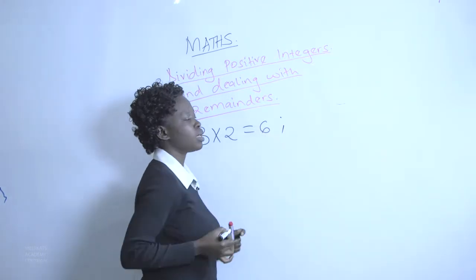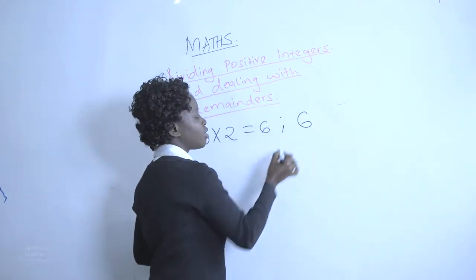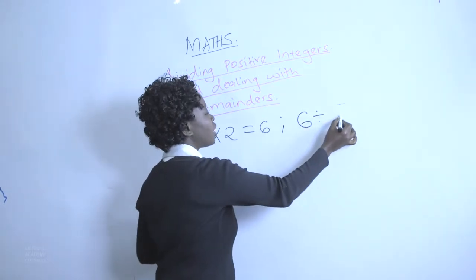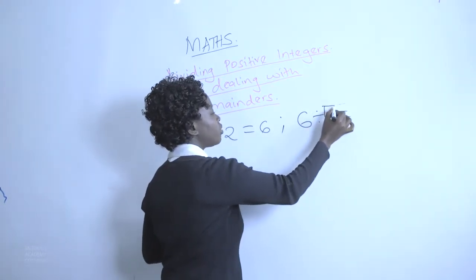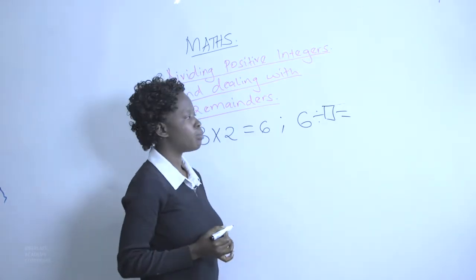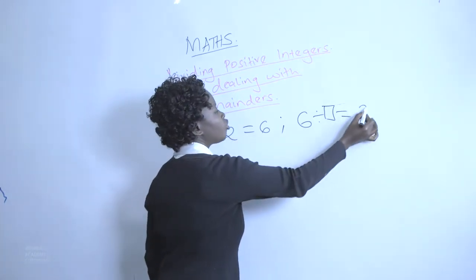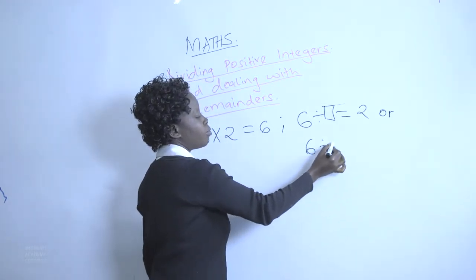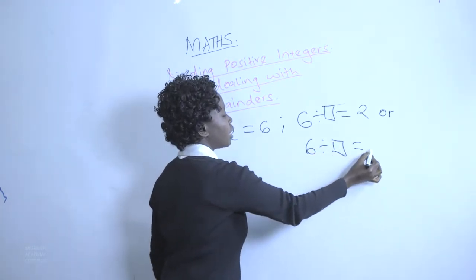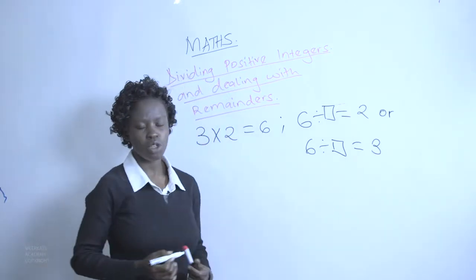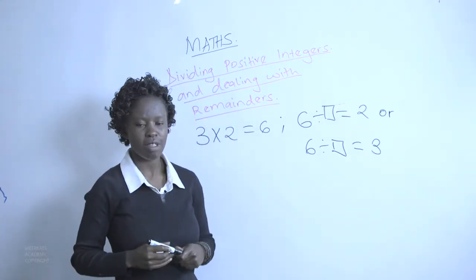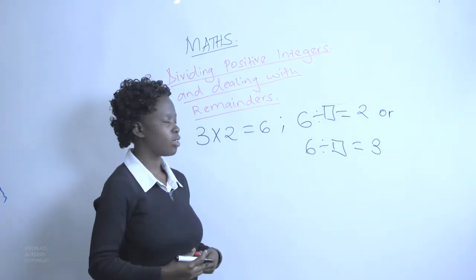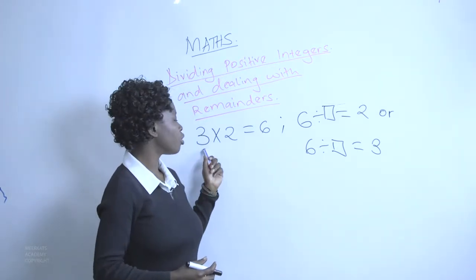So this is what I mean, that my answer is 6. What number is being divided by this 6 to obtain 3? Or we are supposed to get the number that is being multiplied by 2 to obtain 6. So those are the questions that we need to ask ourselves as much as we are dealing with division. In division, we are working out the reverse of the multiplication.